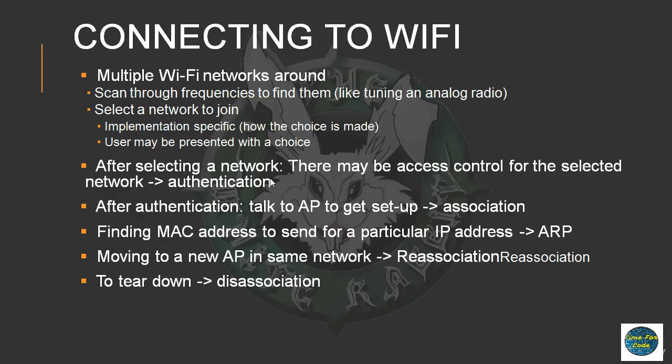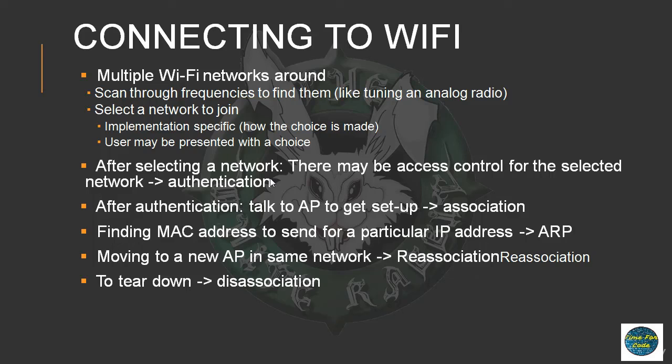Now, when we then moved, let's say, to a new access point in the same network, so you're just moving within the ESS, then you can just reassociate. Because basically, as far as the IP network is concerned, an ESS looks like one big local area network.